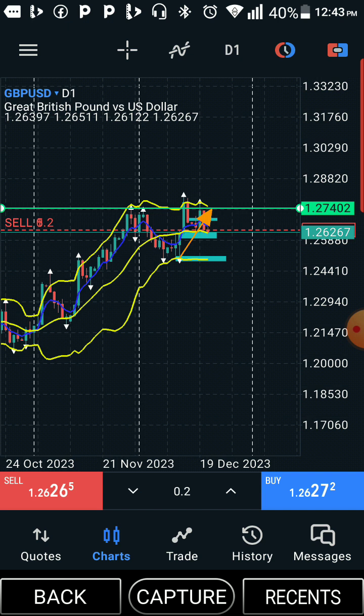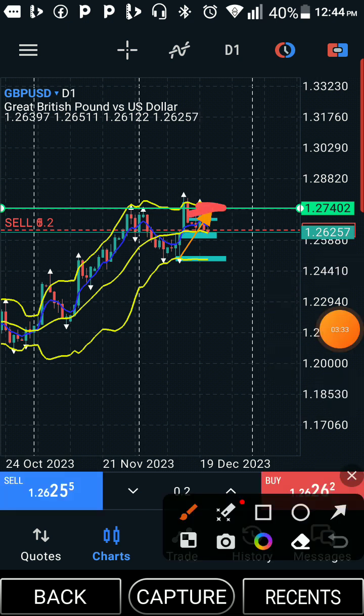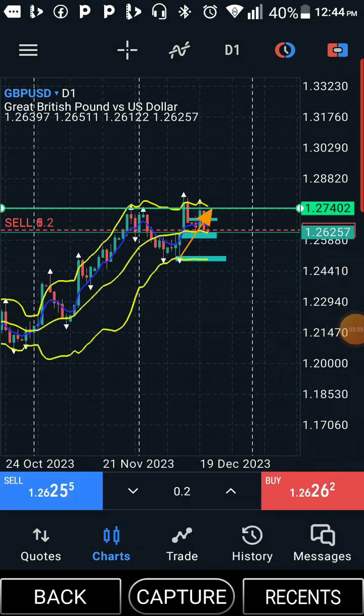So price wanted to break out. When it broke out, it then entered my resistance at this point right here. It then came and entered again.